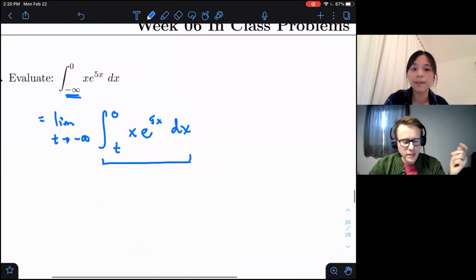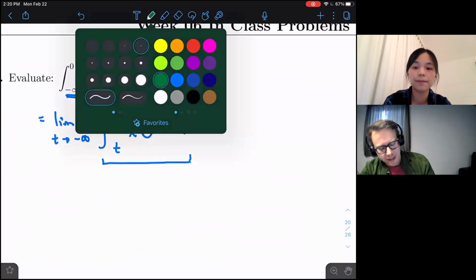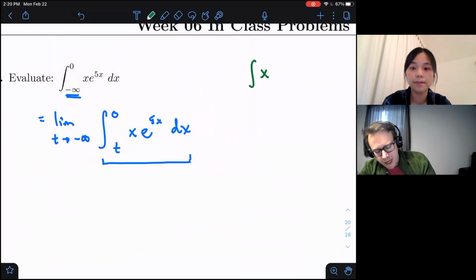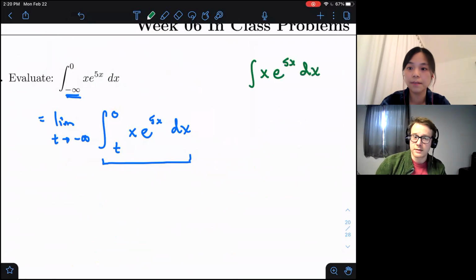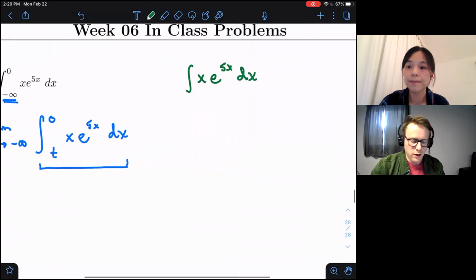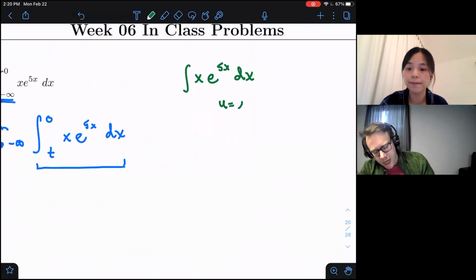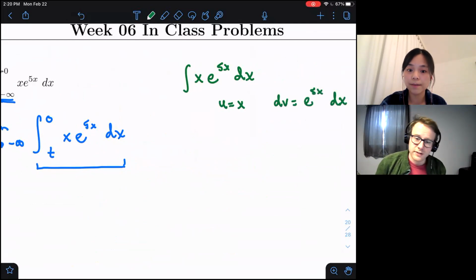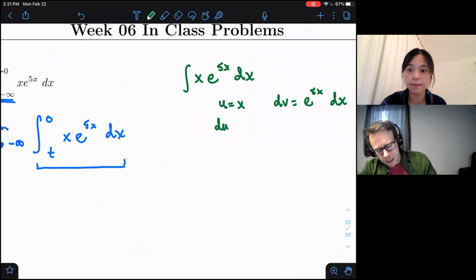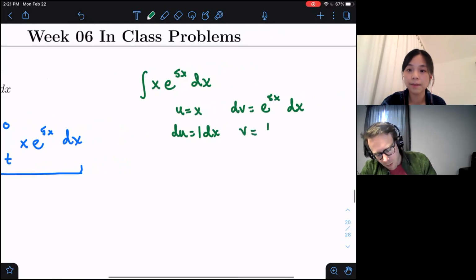In order to actually evaluate this, let's pull off to the side for a second and just find the integral of x e to the 5x. Then we're going to plug some stuff into it. So let u be equal to x and dv be equal to e to the 5x dx, pulling from all of our 7.1 knowledge in order to choose these. du is going to be 1 dx, and v is going to be 1/5 e to the 5x.